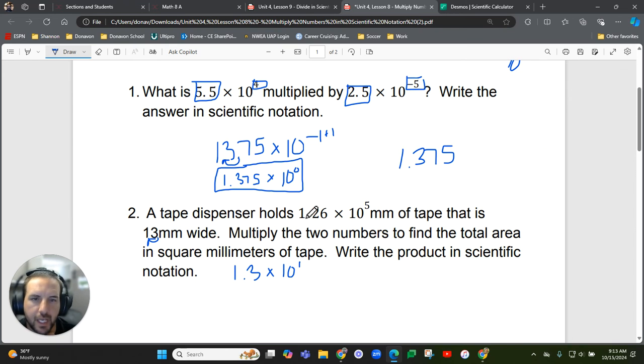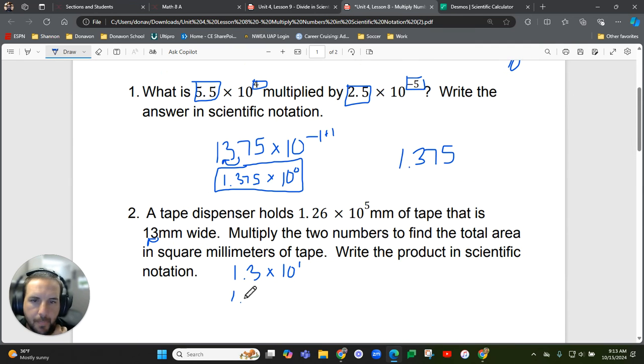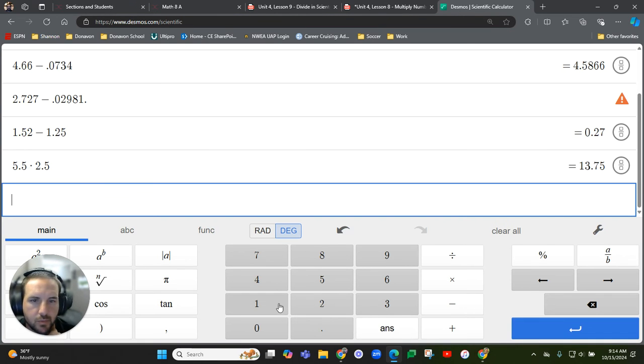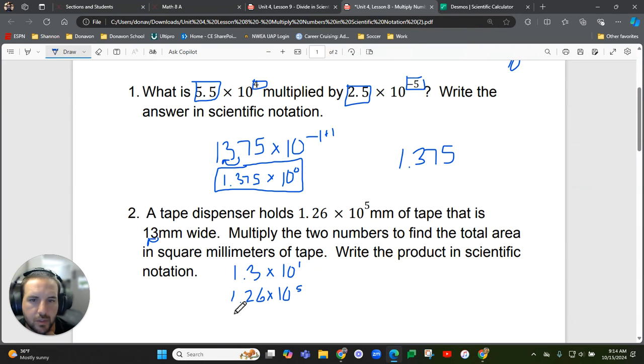According to the rules up here, we multiply the coefficients, times 10 to the 5th. By the way, this is area, and area is length times width. So 1.3 times 1.26 equals 1.638.